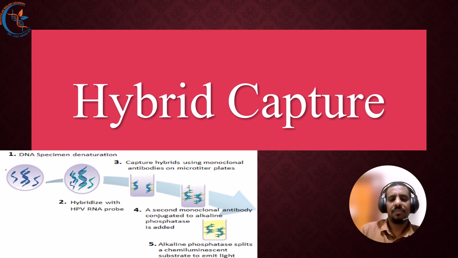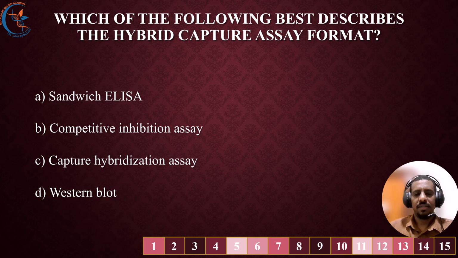All right, now let's move to the question section and I will start with hybrid capture. Let's see the first question we have today in hybrid capture. Which of the following best describes the hybrid capture assay format?